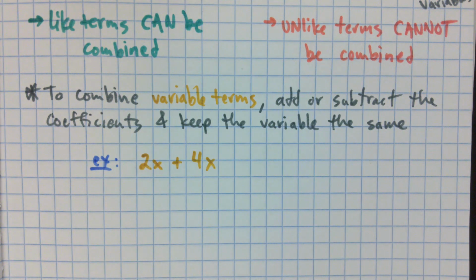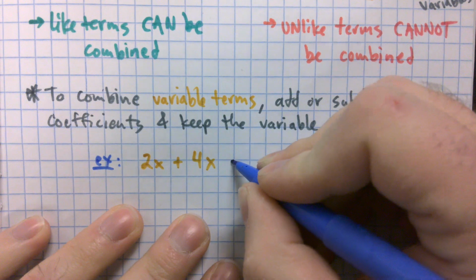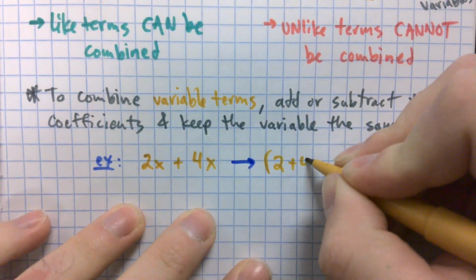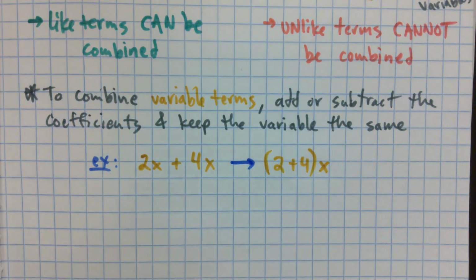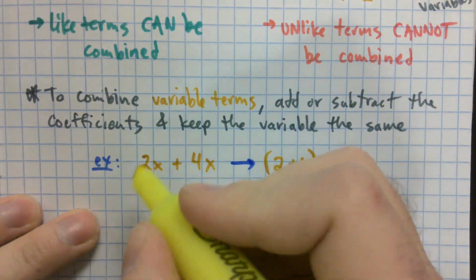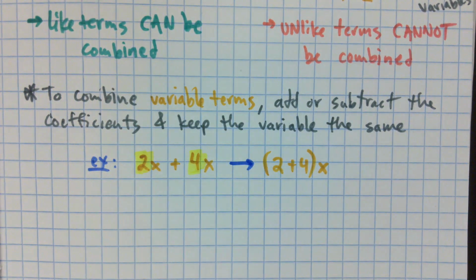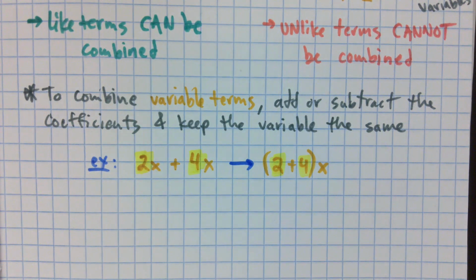For example, if we have 2x plus 4x, go ahead and highlight that 2 and that 4. We're going to bring them out in front and add them together, keeping that x on the end so that it remains a variable term.